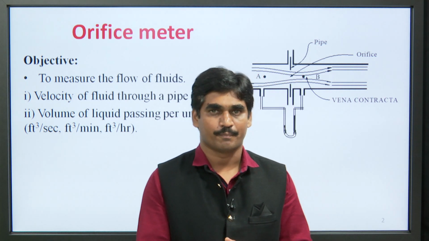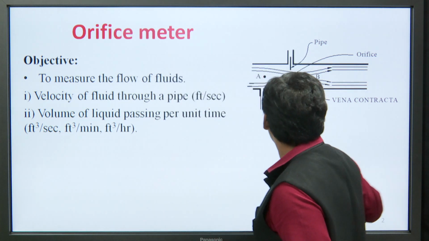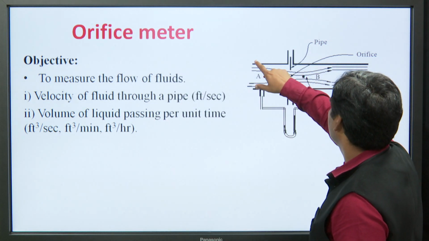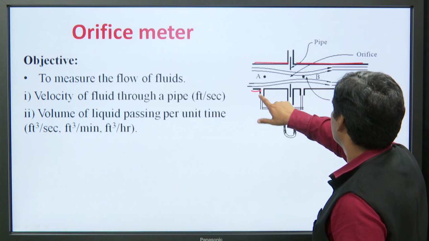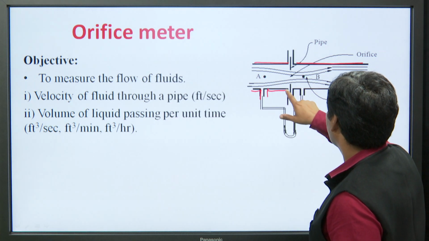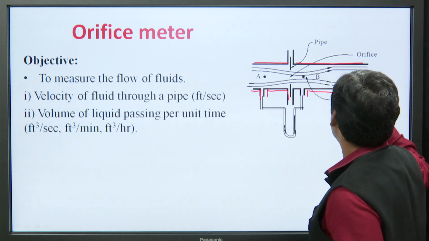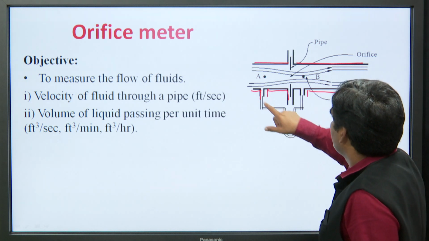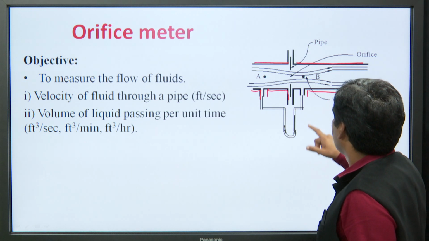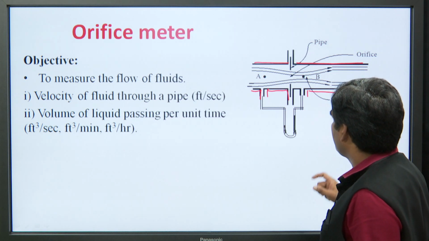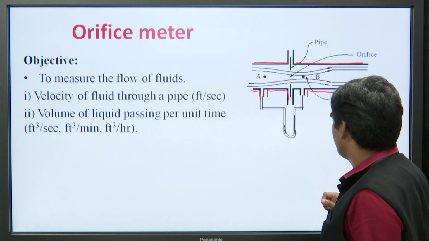through the pipe. So, as we will see in the diagram, this is the typical construction of orifice meter. This is orifice meter in which manometer is attached. It is a simple manometer by which the change in pressure drop or pressure difference is measured.